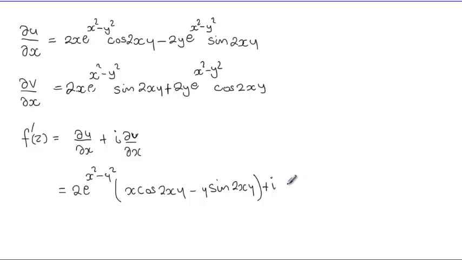Reorganizing that again, let's put a square bracket here, then brackets x sine 2xy plus y cosine 2xy. By so doing, I've avoided repeating this exponential expression four times because it's a common factor, and the 2 is also a common factor. I've drawn that outside there.